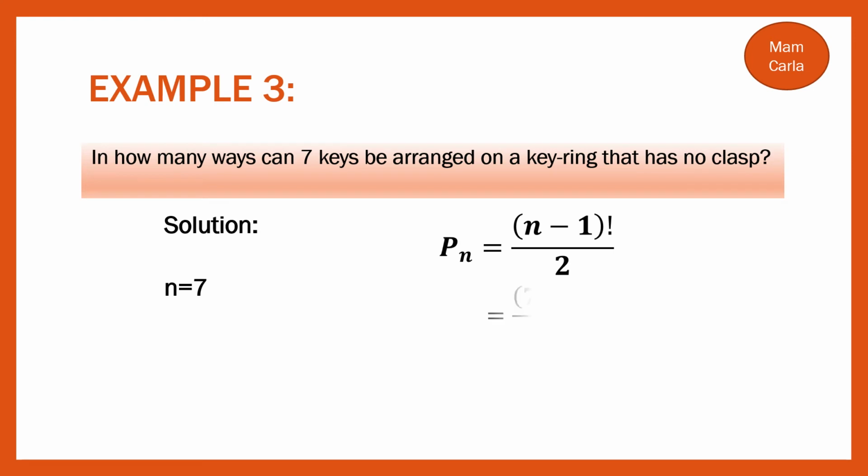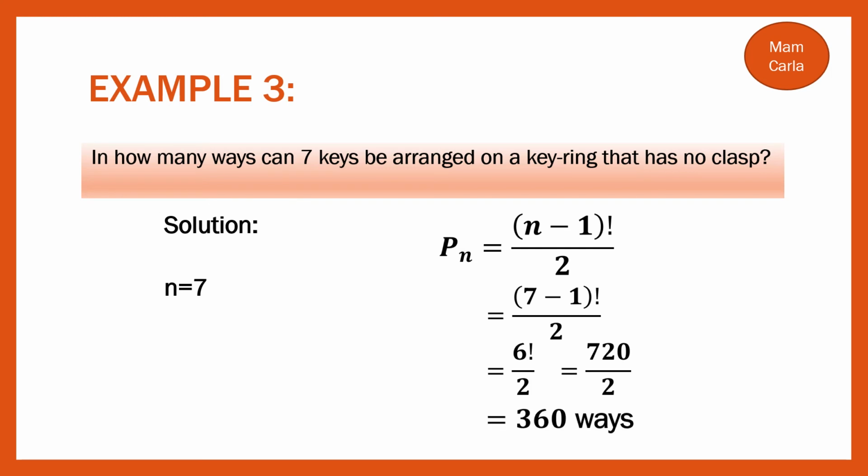Then substitute the value of n, which is 7. 7 minus 1 factorial over 2 is 6 factorial over 2. The value of 6 factorial is 720 divided by 2. So we have 360 ways of arranging the 7 keys on a keyring that has no clasp.